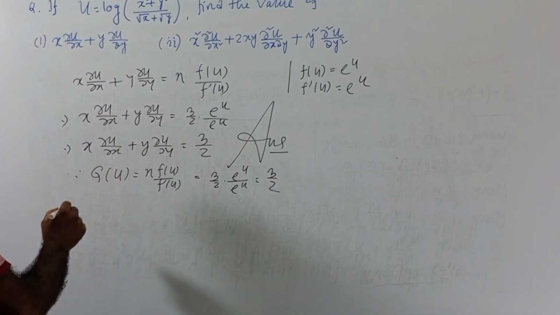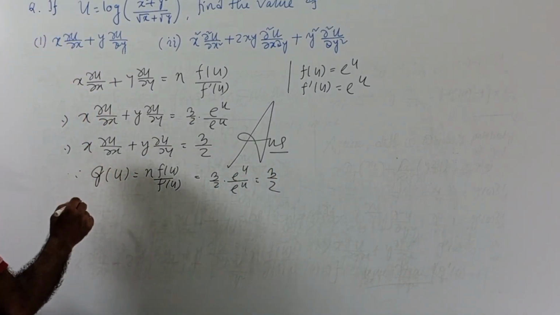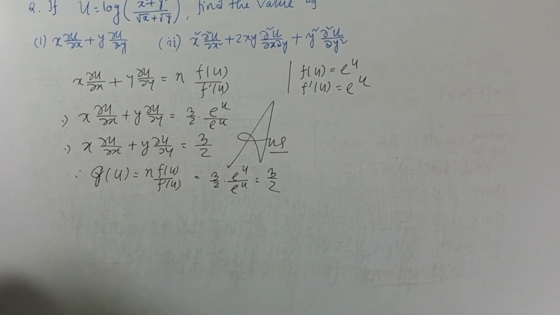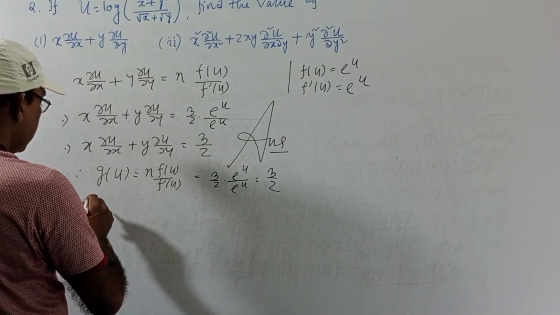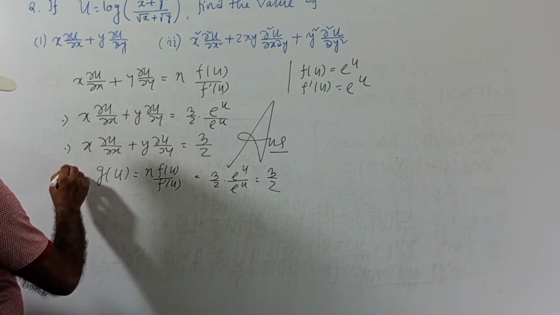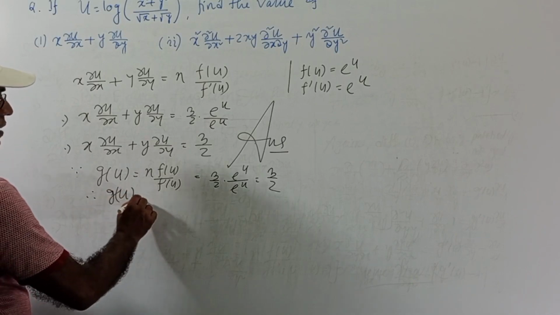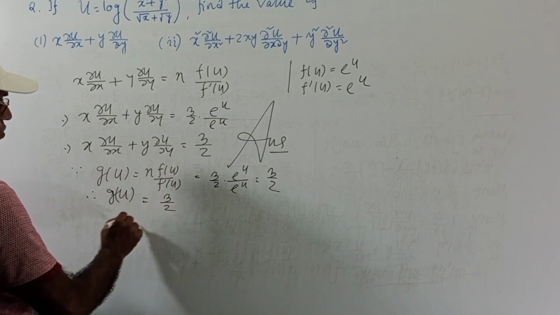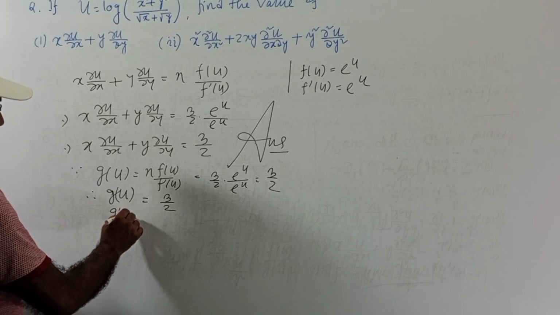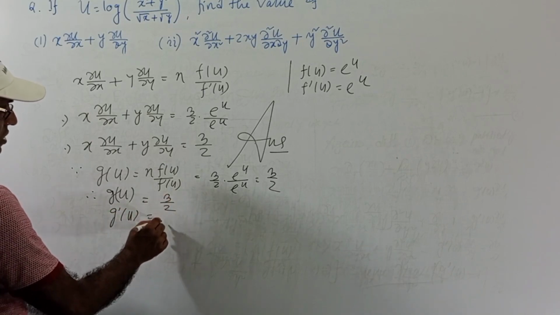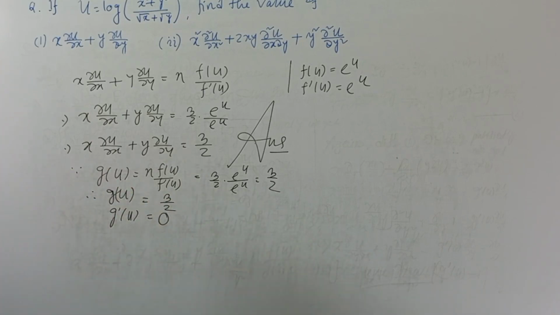This we get, g of u equal to 3 by 2. G dash u, if we differentiate, this is a constant function, this will be 0.